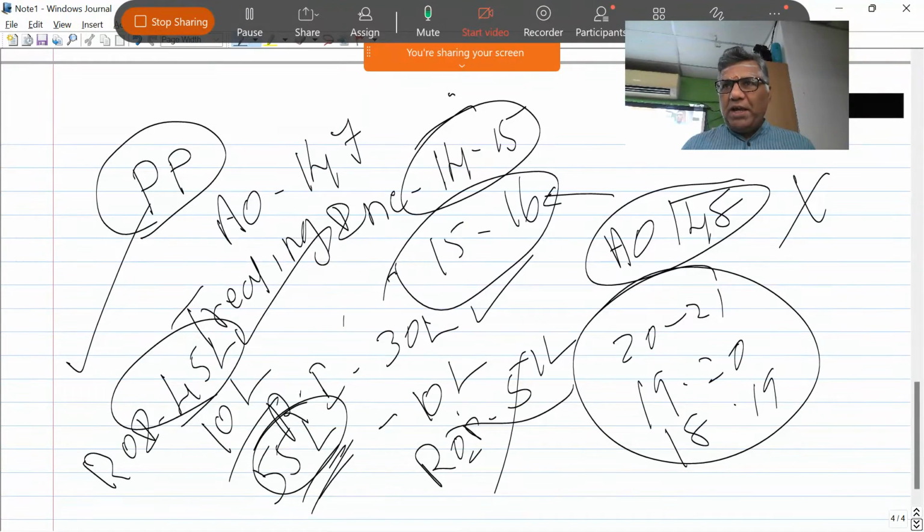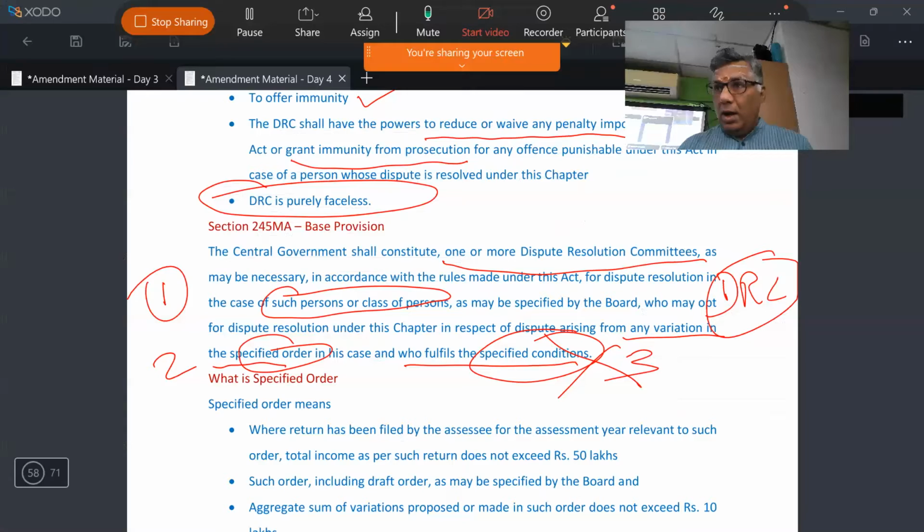Specified order: the draft order as specified by the board. Can you recollect the word draft order from somewhere? Yes, we can recollect this from faceless assessment.